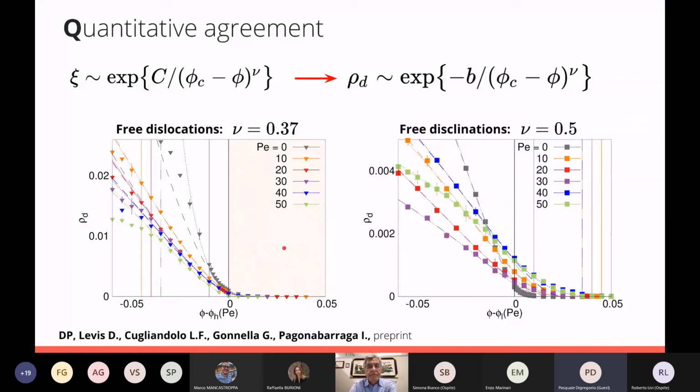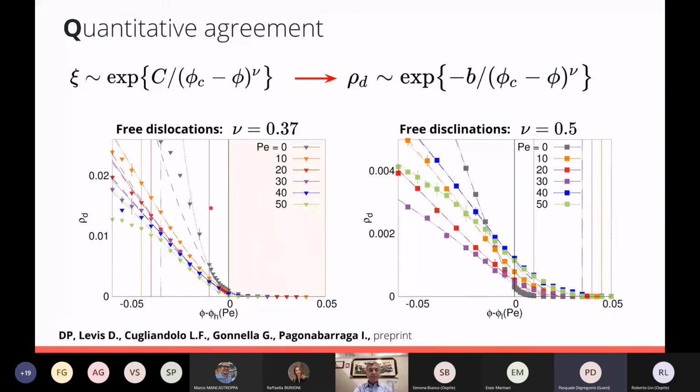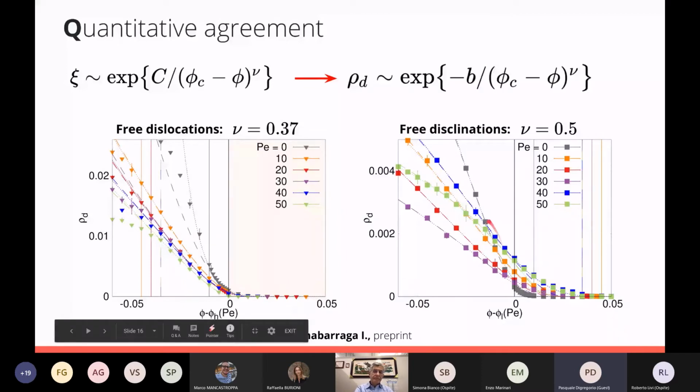And what we observe is that for the solid-hexatic phase transition, this second estimate is strongly in agreement with our previous estimate. This is not the case for the hexatic-liquid phase transition, because as you can see here, the estimate of the phi c that comes from the fit of this predicted behavior departs a bit from the one that we expected from our previous measurements.